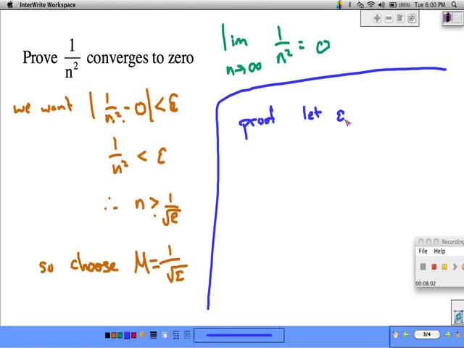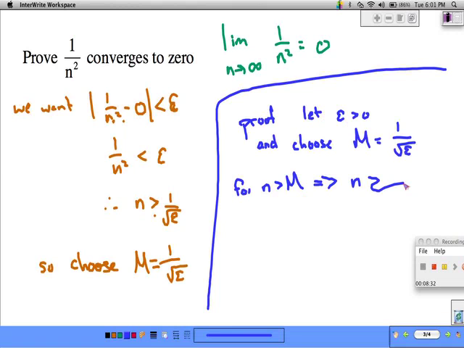Let epsilon be bigger than 0. And choose m to be equal to 1 over the square root of epsilon. For n bigger than m, that would imply that n has to be bigger than 1 over the square root of epsilon. So here's where we're working backwards up this.